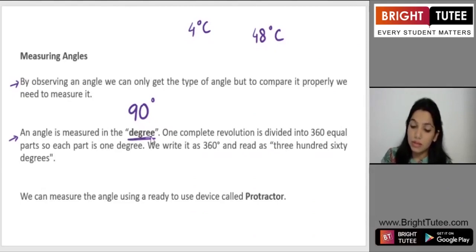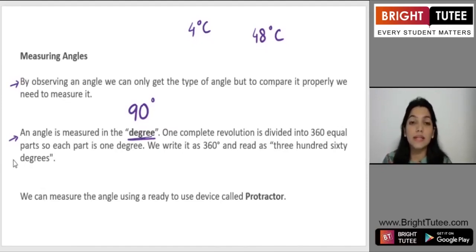Now, just as for measuring lengths we use units like meters, centimeters, etc., in order to measure a particular angle, or when measuring temperatures, we have the unit termed as degree. Now moving forward, it says one complete revolution is divided into 360 equal parts.